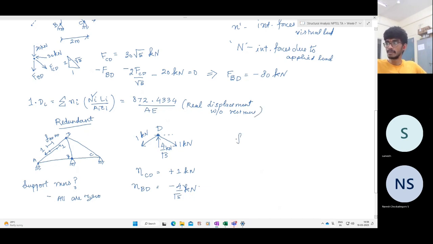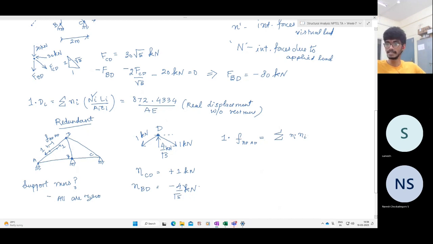And what is F_AD? It is the displacement of this point due to an applied unit load at this point. So that is nothing but the summation of small ni, again small ni, because it is the same load point.